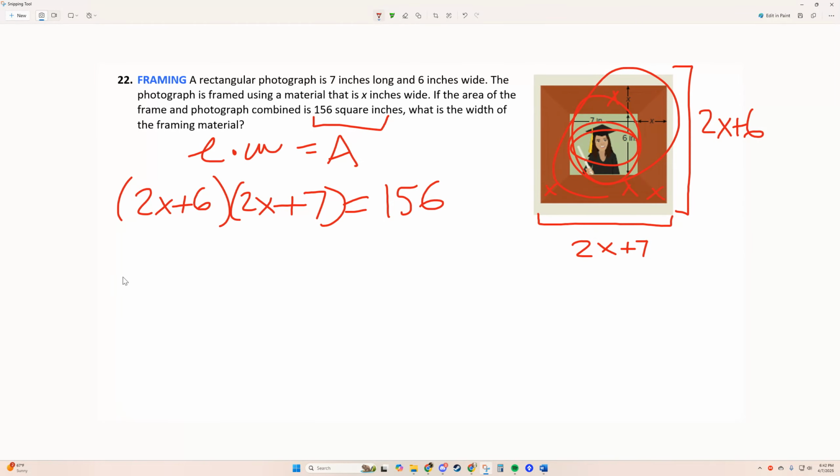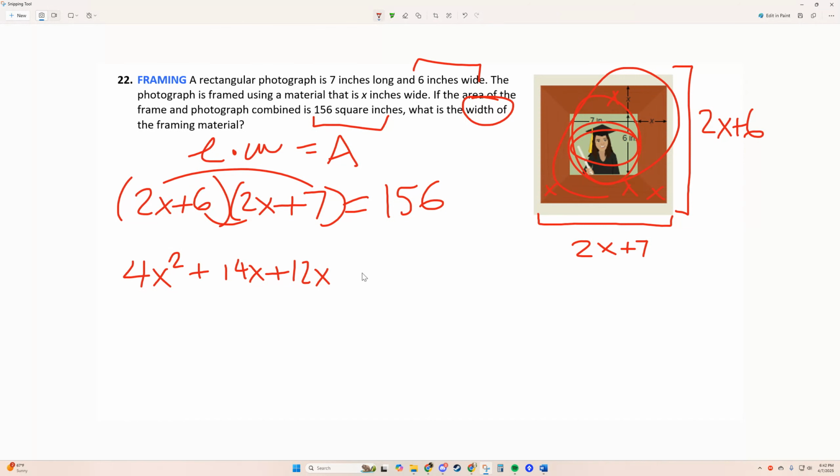All right, so let's FOIL it. It's 4x squared plus 14x plus 12x plus 42 equals 156. Sorry, I'm trying to think of how to find the width. I think we have to find x and then we do the thing.